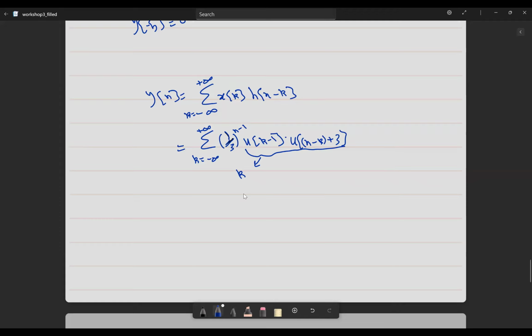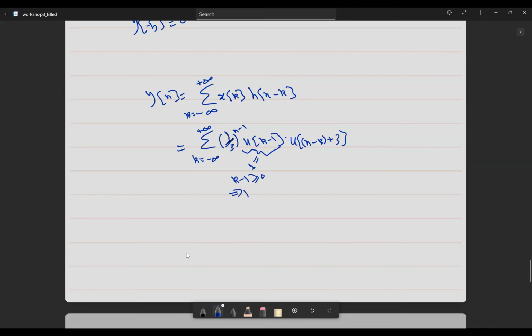Okay, so let me split those two parts. We'll discuss each one individually. The first one is non-zero, and it will be 1 only when k minus 1 is larger than or equal to 0.